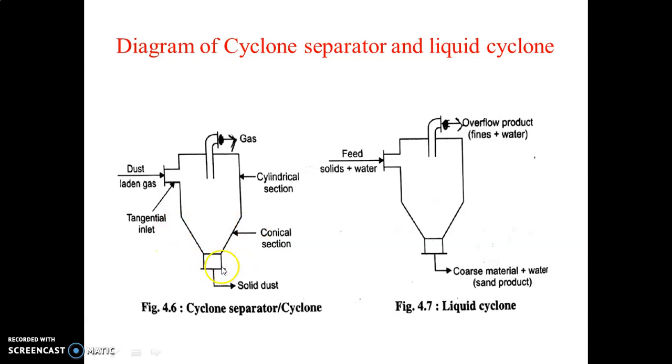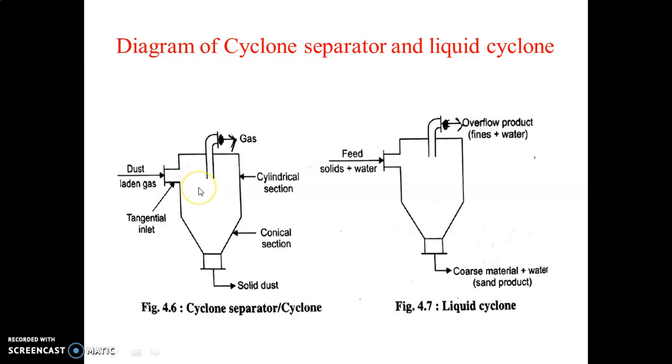The bottom part of this cyclone separator has a conical section, and the upper part has a cylindrical section, and the outlet is provided at the middle of this section.